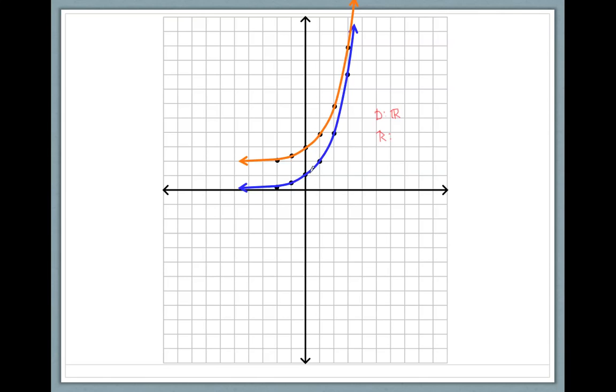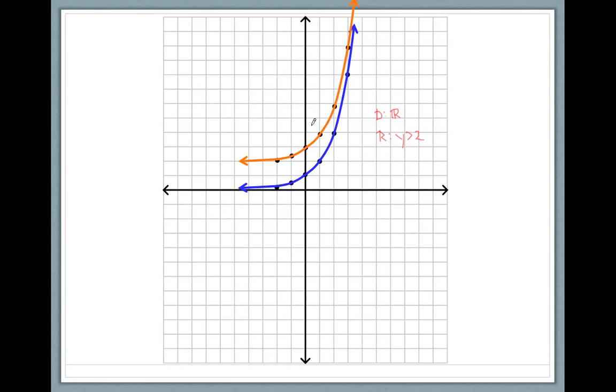So if my entire graph has just been moved up 2 units, then my asymptote has also been moved up 2 units, and it's now going to be at 2. So my graph now has to stay above the y of 2 rather than the y of 0.